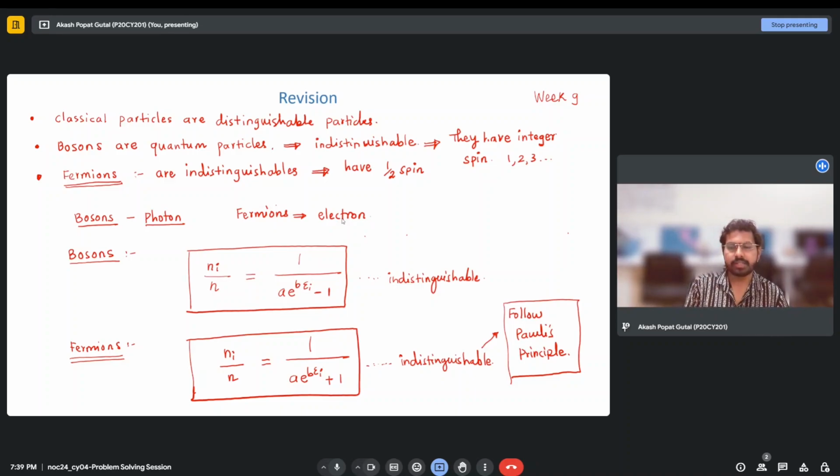Fermions have the property that they can't occupy one energy level more than two, because with the half spin they have minus or plus half spin, and so one energy level can be occupied by only two fermions, not more than two. But in the case of bosons, this restriction is not there. Bosons can occupy any energy level with any number.